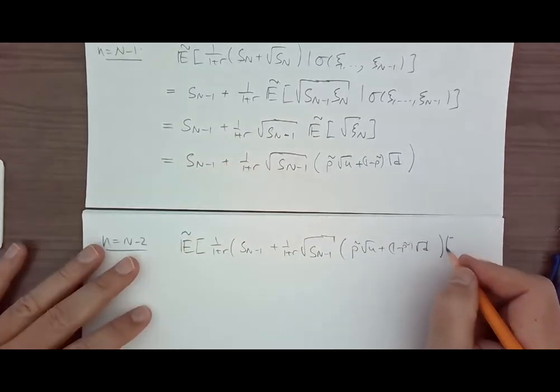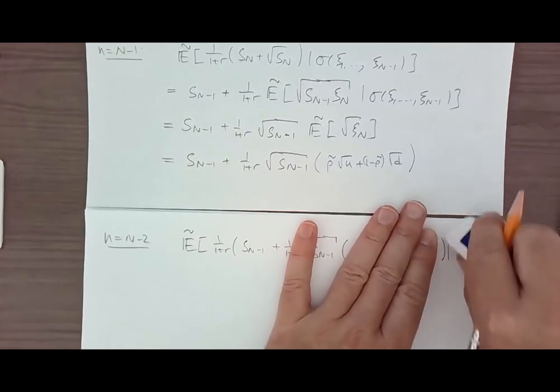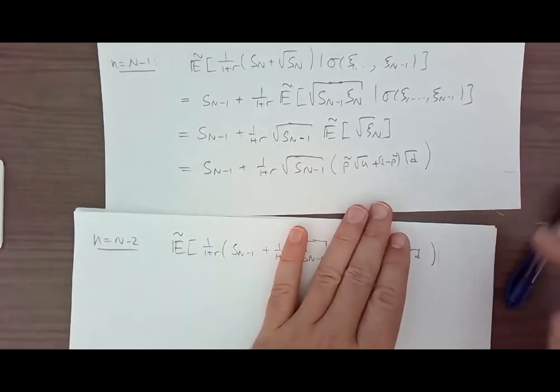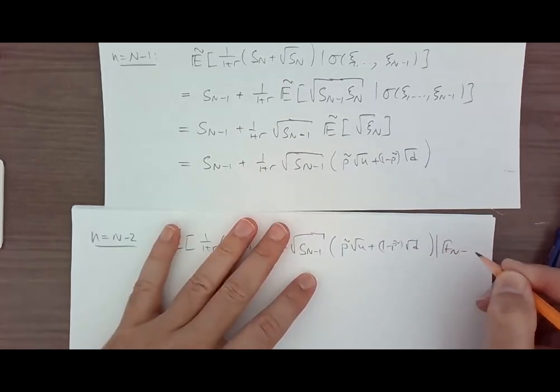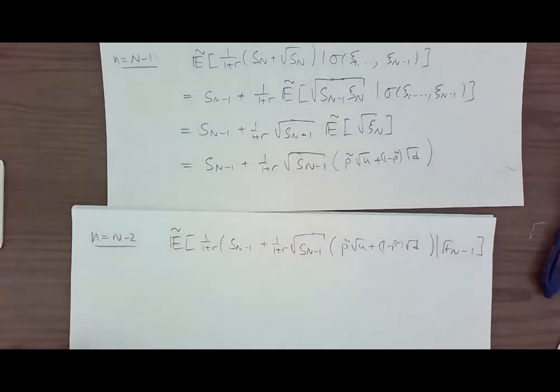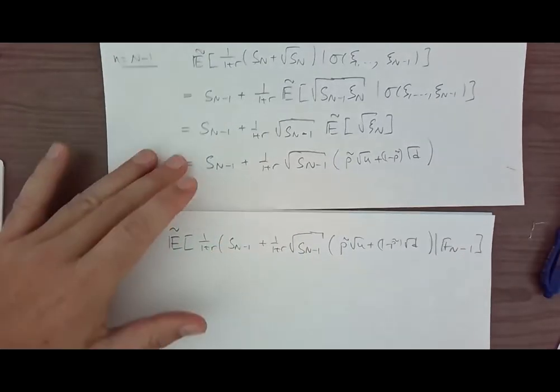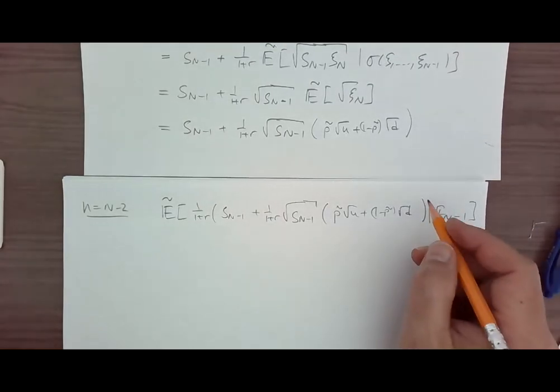And then we have the conditioning. I'm just going to write F here, conditioned on Fn minus 1. Fn minus 1, this is all we write.